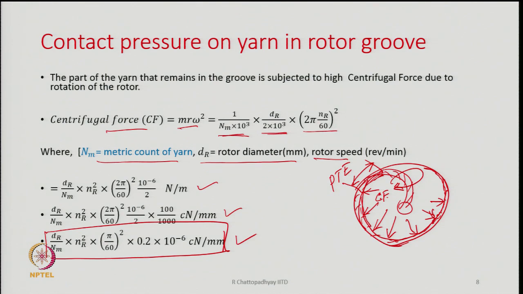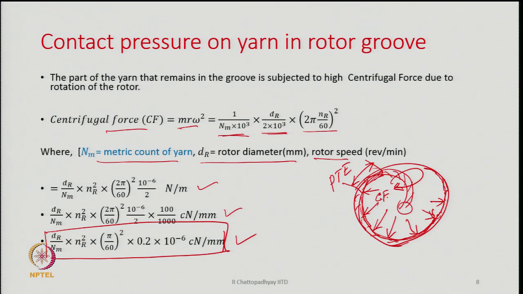Now, here what we have done is, the band of fiber close to the yarn formation point has been assumed to be equal to the yarn count. As we know, the band becomes thinner and thinner, so as we go away from the PT zone, the actual mass of the fiber is less and less.